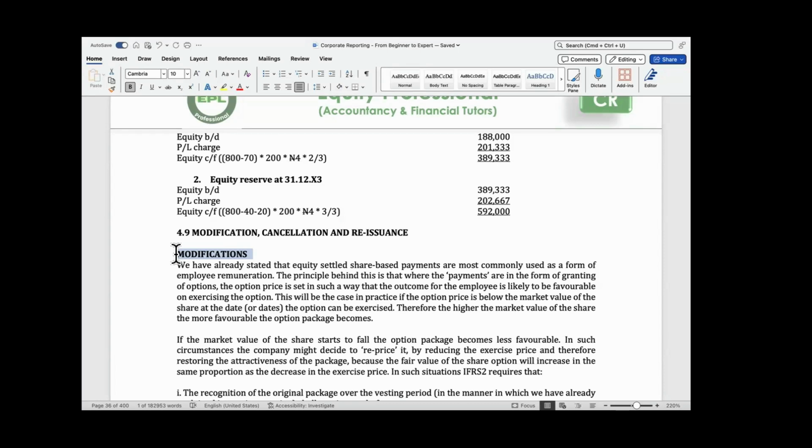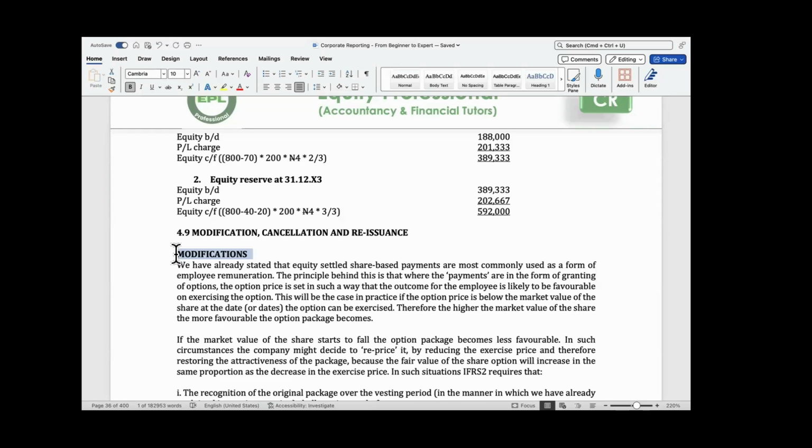And the value of this deal is how you measure it. Don't forget, you measure equity settled share-based payment at the fair value of the share option at the grant date. So as soon as the entity reduces its exercise price, the fair value of the share option will also increase by the same proportion. Even though the examiner will not ask you to calculate this, they will tell you.